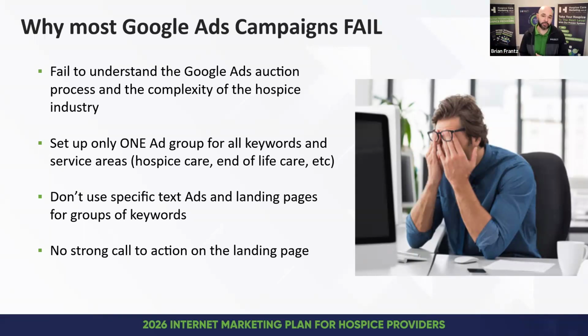We don't want to show up when they're looking for the hospice next door, right? It'll confuse that visitor, and they'll call and be like, "Wait, what? I'm not calling the right company."